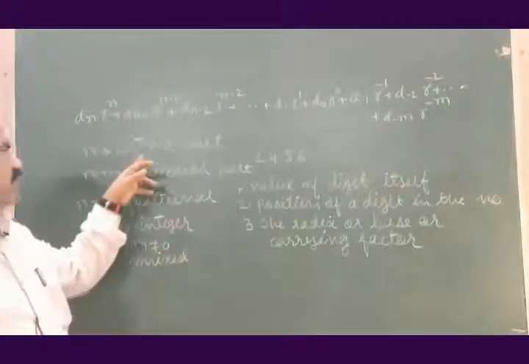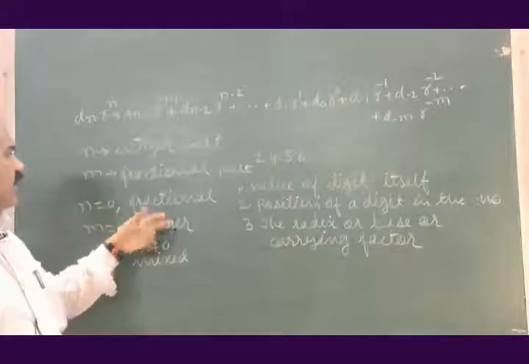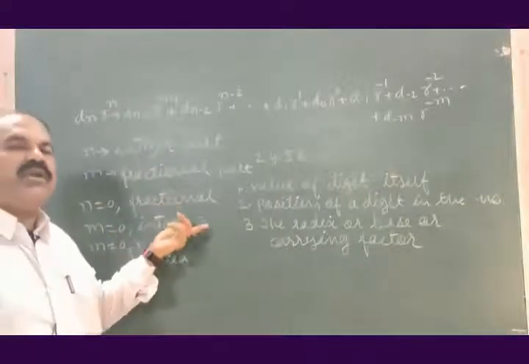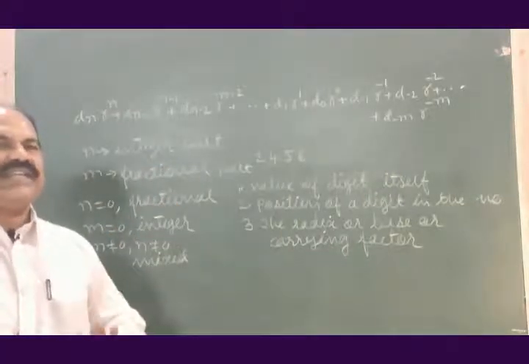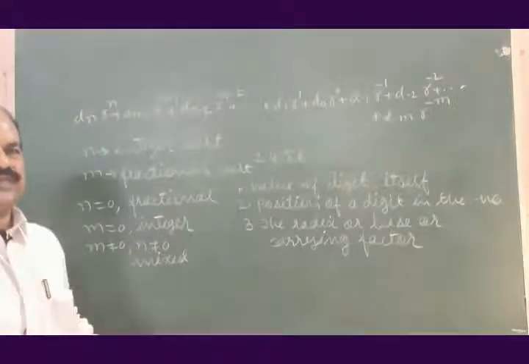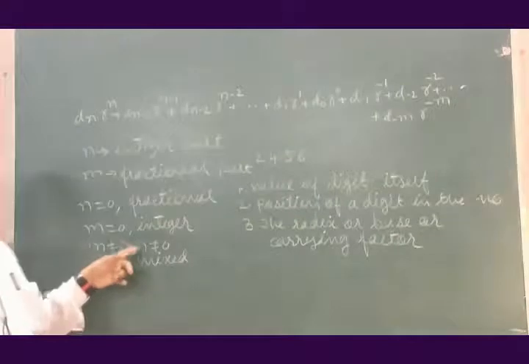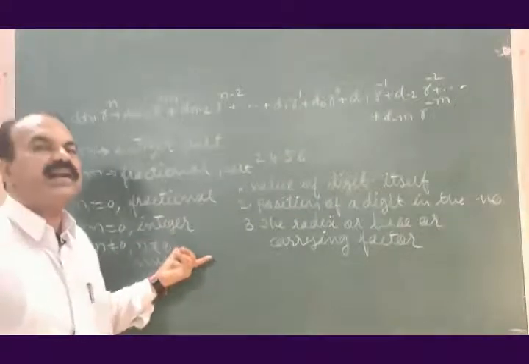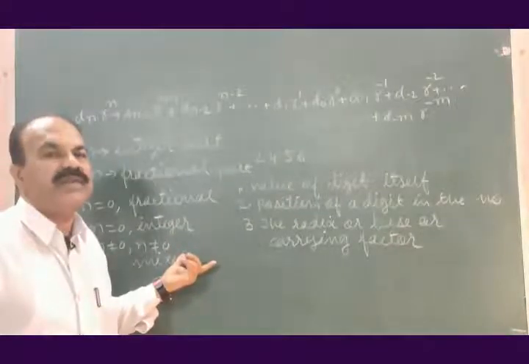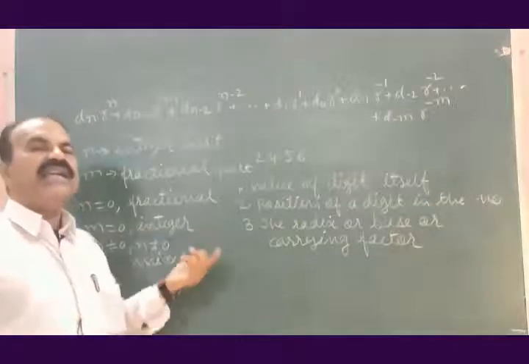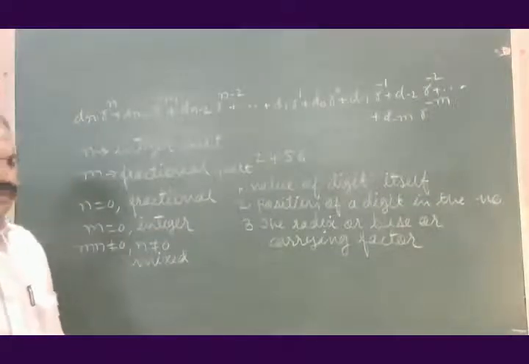When n is 0, the decimal number will be only a fractional number; the integral part will be 0 and it will have only a fractional part. When m is 0, the fractional part of the decimal number will be 0 and it will have only an integer part.